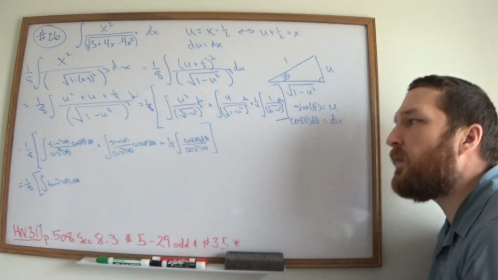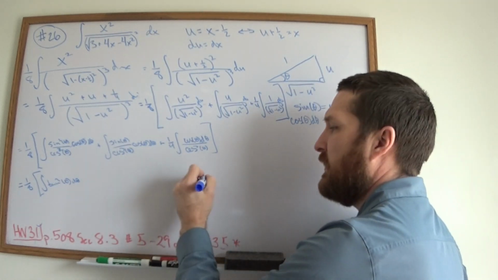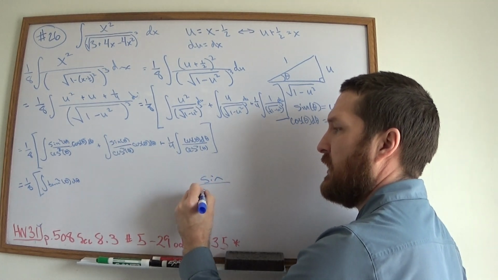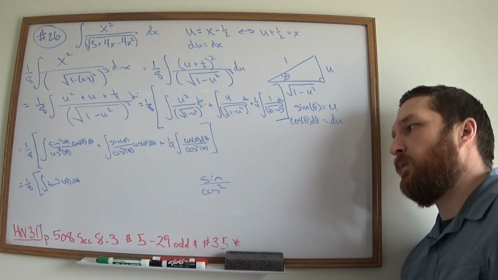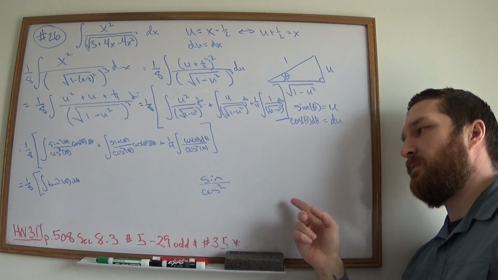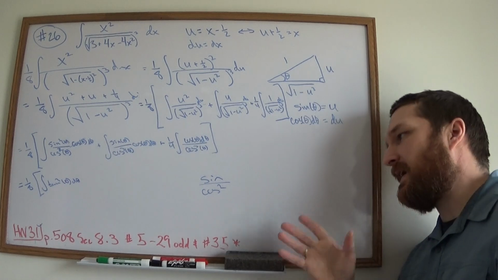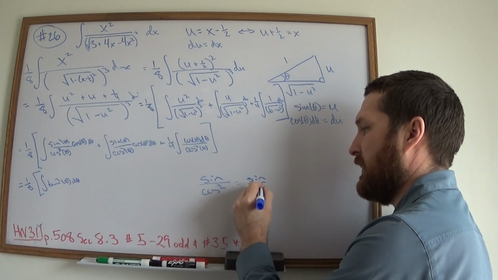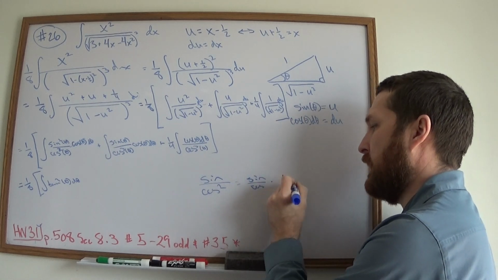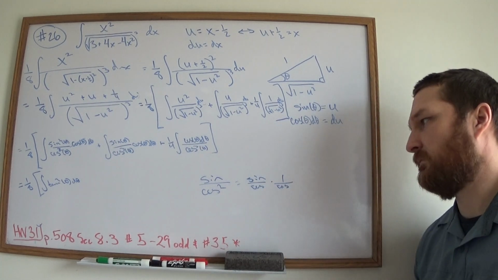Okay, now this is where we need to be a little bit creative. This cancels down to sine over cosine squared. Now, if we wanted to, we could rewrite the bottom in terms of sines, I guess. Or let's just think of what else this is. This is the same thing as sine over cosine times 1 over cosine.